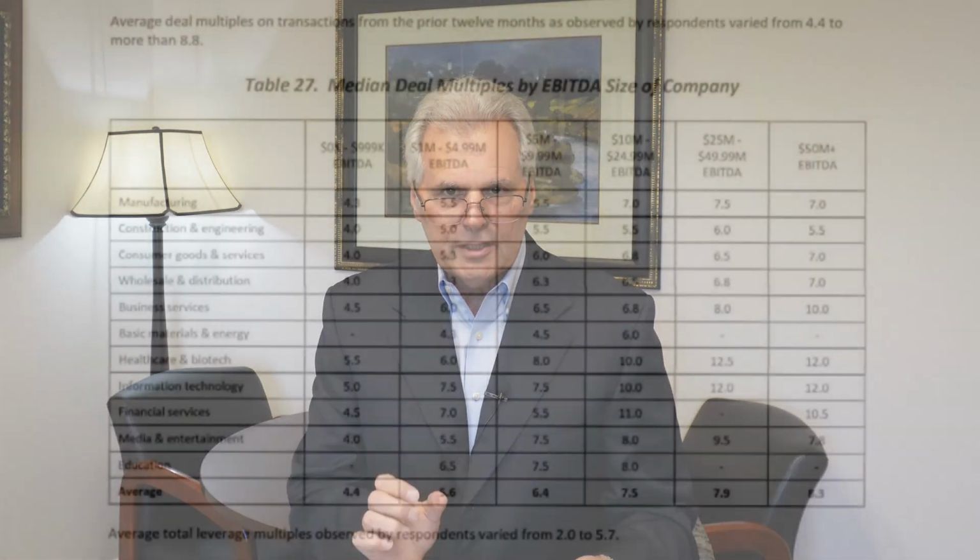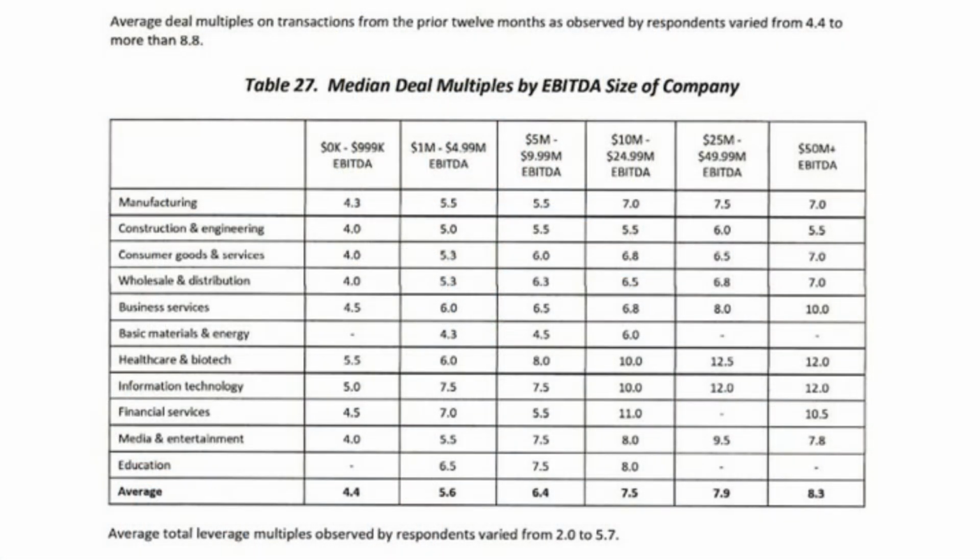Now, if you take a look at the chart, you can see that there are some pretty big spreads in EBITDA. In the first column, you have $0 to $999,000, and it goes up from $1 million to $5 million, and then 5 to 10, and so forth and so on.